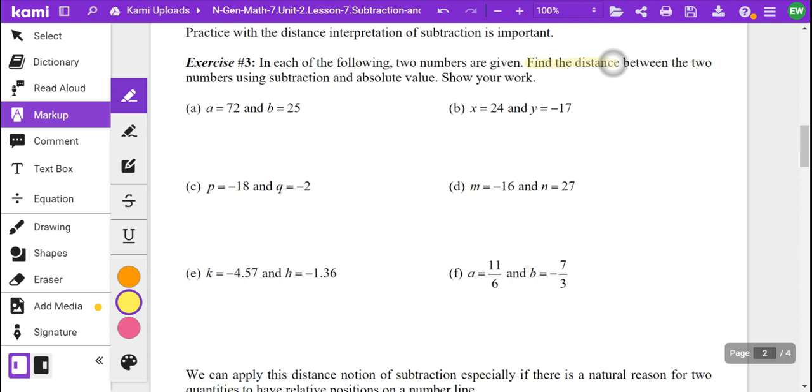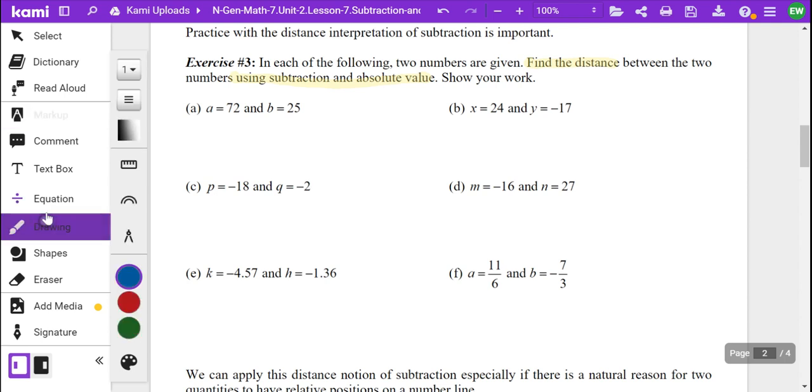We are finding the distance using subtraction and absolute value, okay? So I have two numbers here, negative 18 and negative 2. Now we already know that order doesn't matter because we're doing absolute value. We've proven it doesn't matter what order we subtract these in. So I'm just going to do negative 18 minus negative 2. So I'm going to write that with my absolute value sign, negative 18 minus negative 2.